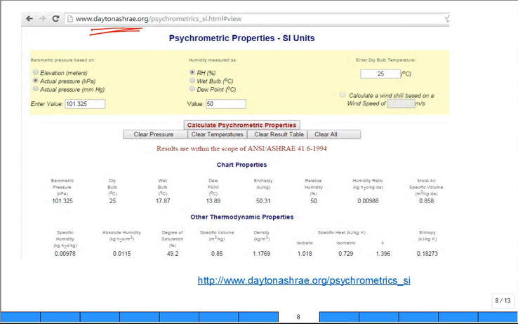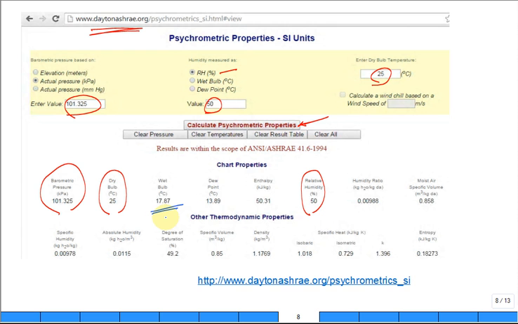Like on that last question. So all I did was, okay, here's atmospheric pressure, put in 50% relative humidity, put in 25 degrees C, click this button to say calculate. There is the dry bulb and the barometric pressure returned to you, and the relative humidity returned to you, and it returns back also the wet bulb around 18 degrees C. It returns the dew point around 14 degrees C. It returns the enthalpy, 50.3 kilojoules per kilogram.